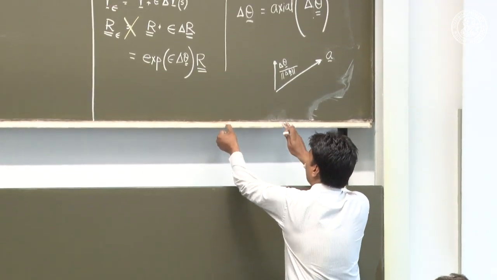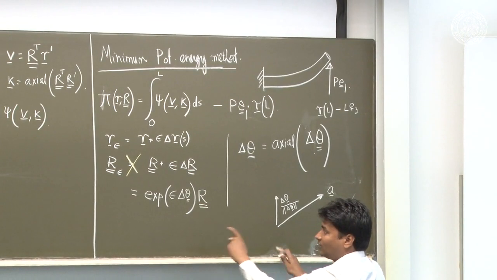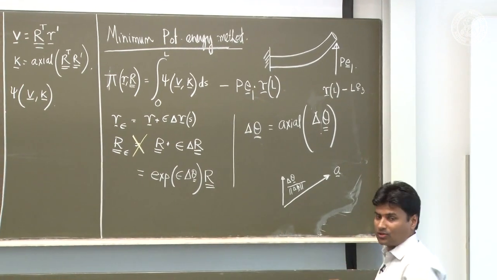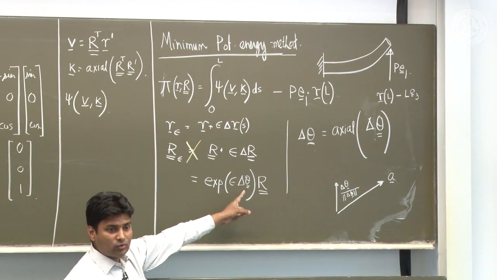Okay. See, I think last time we had, of course, derived the expression also for that rotation, but this delta theta is skew symmetric.